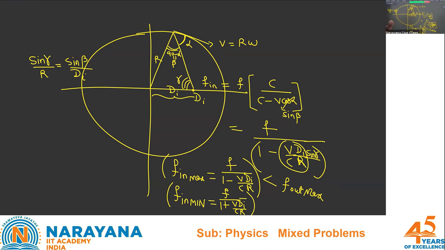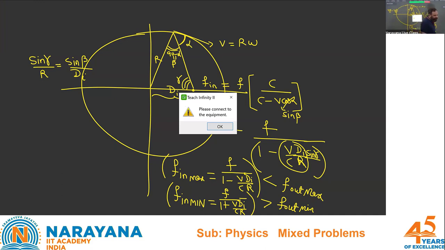It is greater than f out min. Now at least that graph is making sense to you, because in the middle graph the max was smaller than the other one, and that min was greater than that other one. So the out and in terms are visible. Up to this point things are settling out.